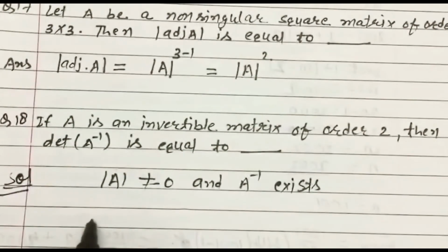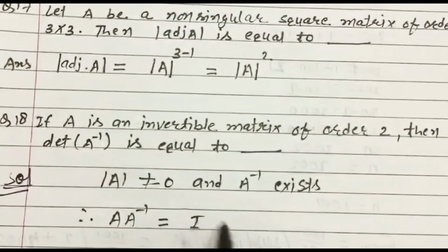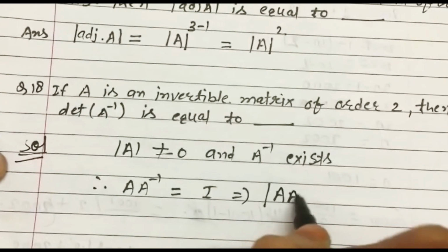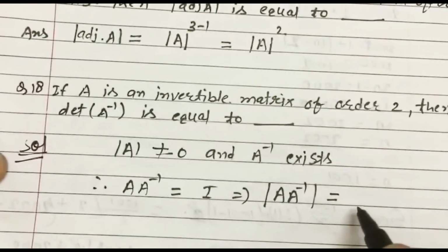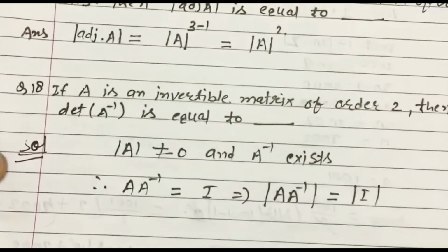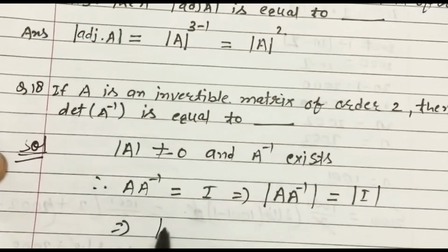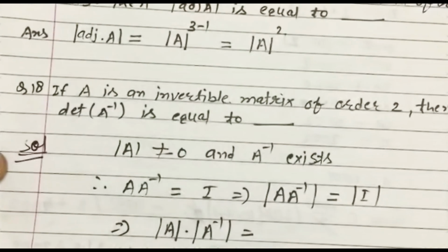And now A A inverse is equal to I, and if we write the determinant, okay, so determinant of A A inverse is equal to determinant of I, I is the identity matrix, and here apply the rule, it is determinant of A into determinant of A inverse, okay, and determinant of I, it's 1 only.